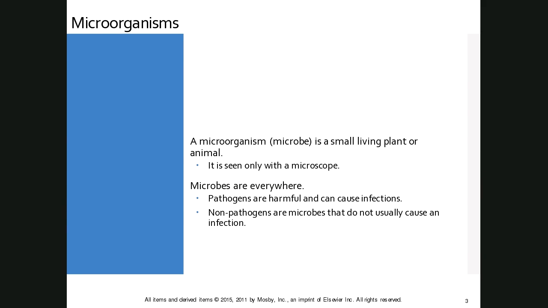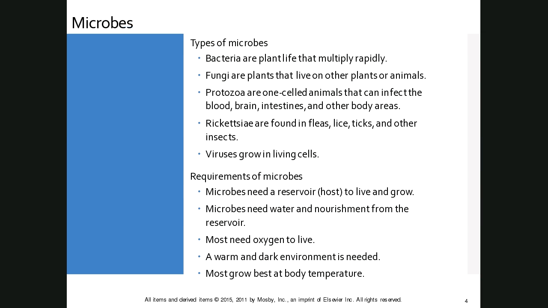A pathogen is a microbe that's harmful and causes infection. It's an opportunistic microbe, and it wreaks havoc on a person, versus the non-pathogen microbes, which do not usually cause an infection. You'll hear that known as normal flora.